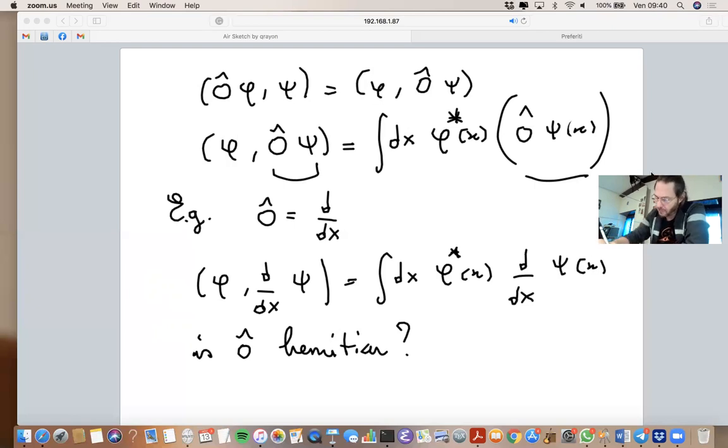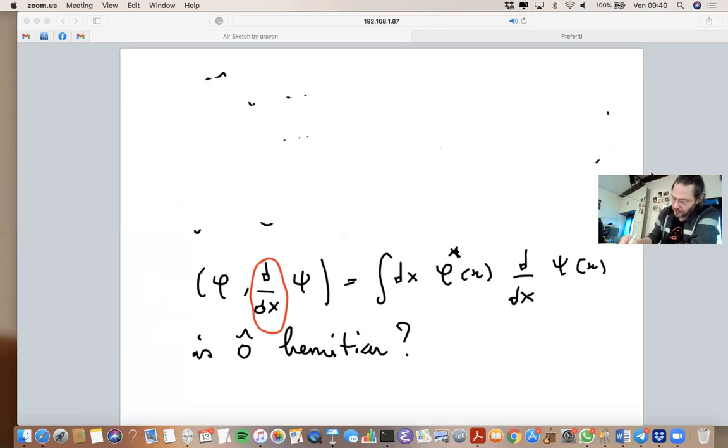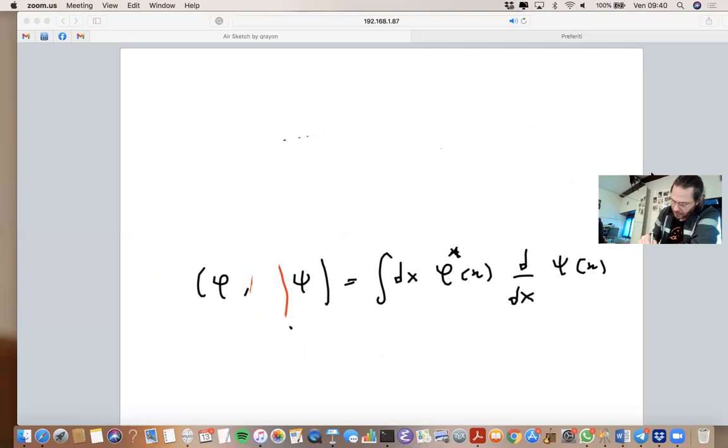So this is true only if O dagger is equal to O. So if you want to answer the question whether this is a Hermitian operator, all you have to do is to compare this result, in which the derivative is on the right, with another result in which the derivative is on the left.